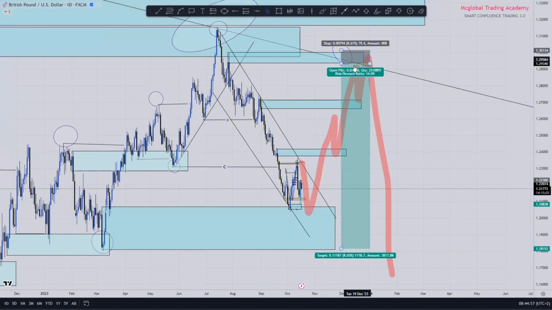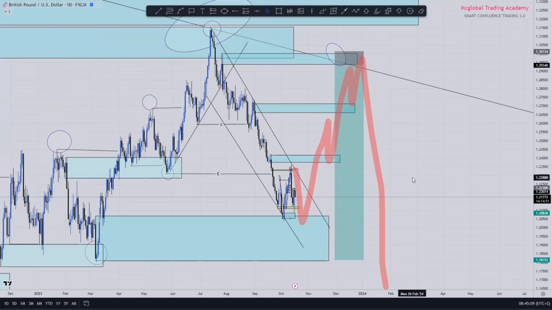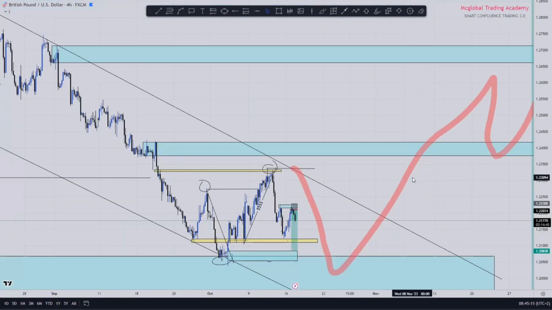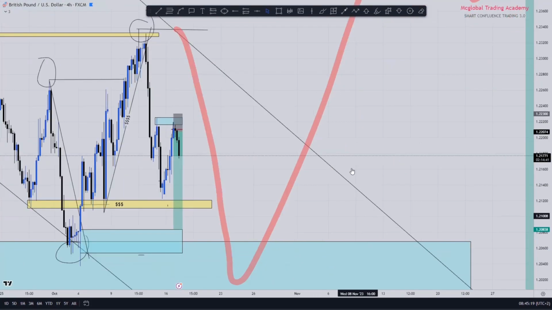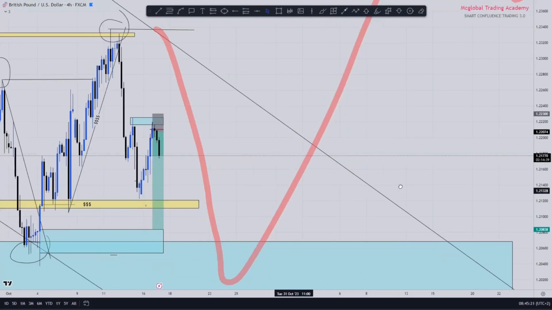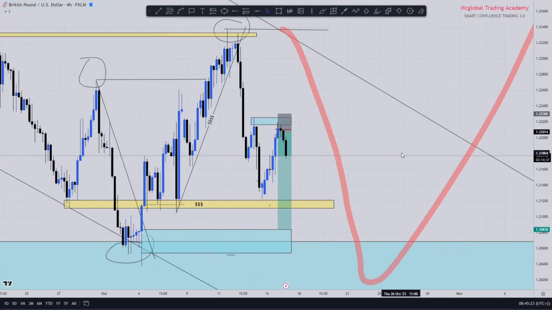By the time it gets there, late December, early January, around here, is where you are anticipating a drop already. So you already have a setup that can assist you to make money, not only today, not only tomorrow, not only this week, but next week, as well as the next coming weeks, up until we finish the year and start the new year.